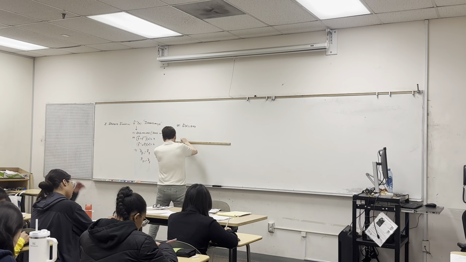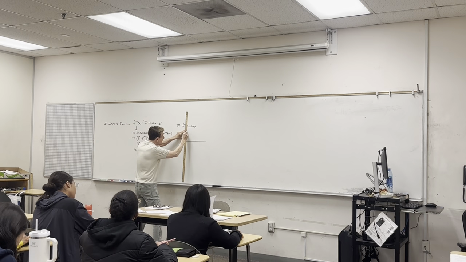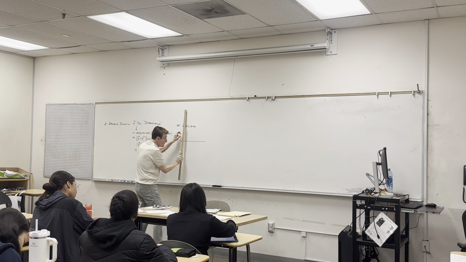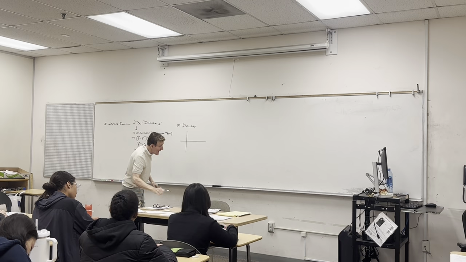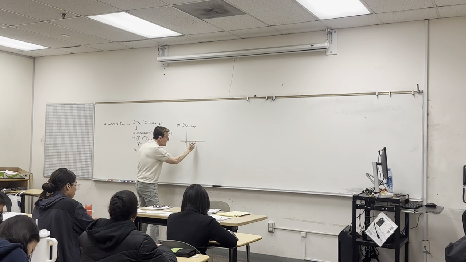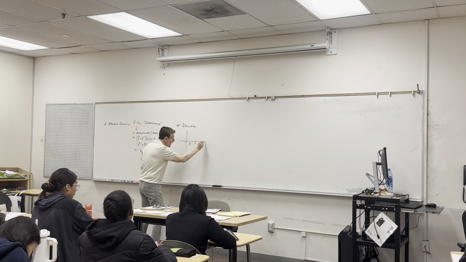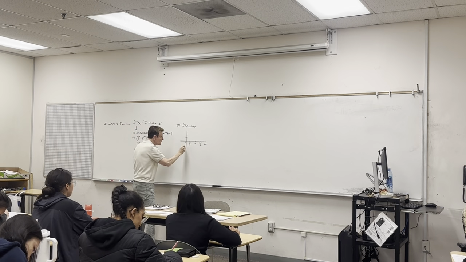This one looks like a wave. And we know where it starts, where it ends for one cycle: 0, pi over 2, pi, 3 pi over 2, 2 pi. It goes up to 1, down to negative 1.